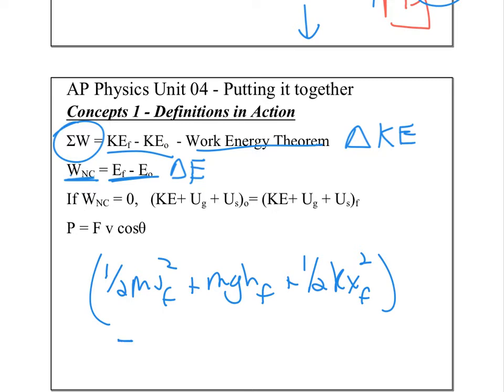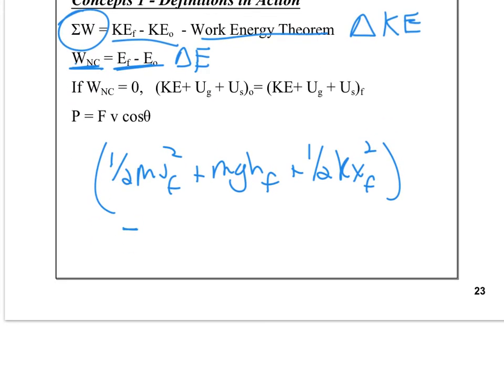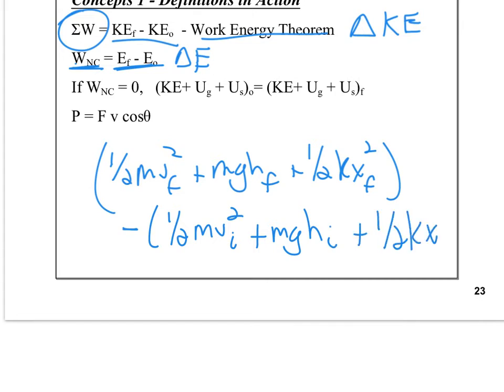And then we would subtract the exact same thing, but for our initial energies: 1/2 mv squared initial plus mgh initial plus 1/2 kx initial squared.